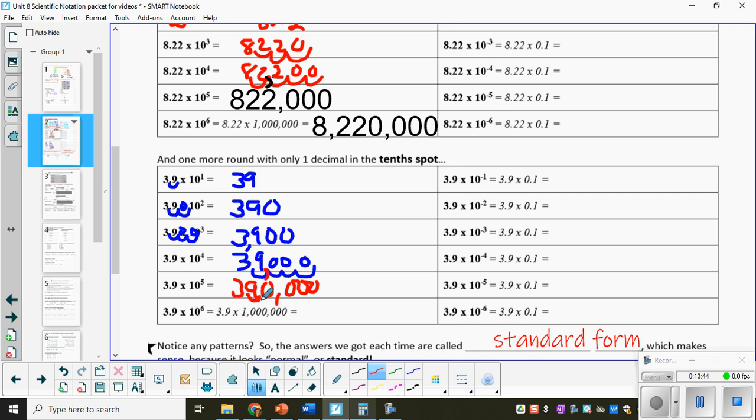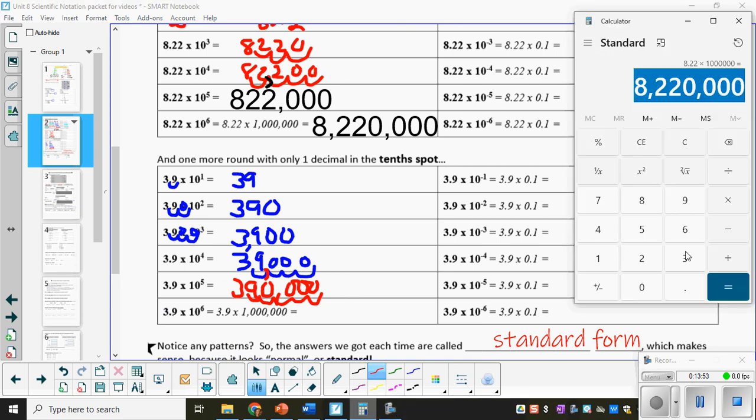Again, because 1, 2, 3, 4, 5, 5 times. And the last one here, 3.9 times 10 to the 6th. So if we got a 3.9 times a million, 3.9 million. Okay, 3.9 million. All right, so go ahead and jot that down right here.